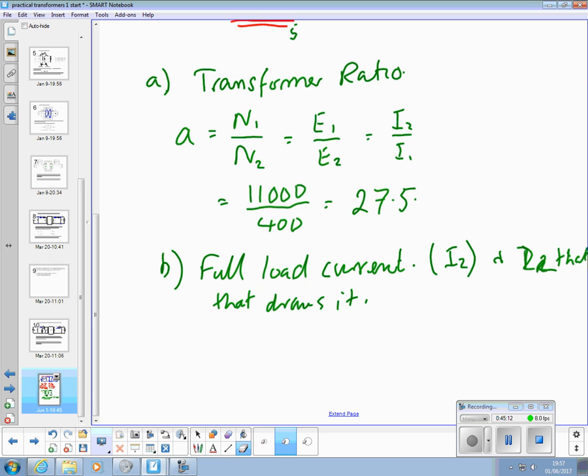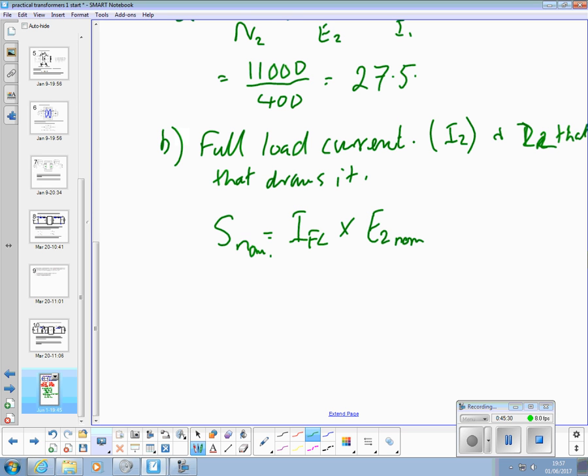Let's make a statement that S nominal is equal to I full load times E2 nominal. Therefore, IFL is equal to S nominal divided by E2 nominal.